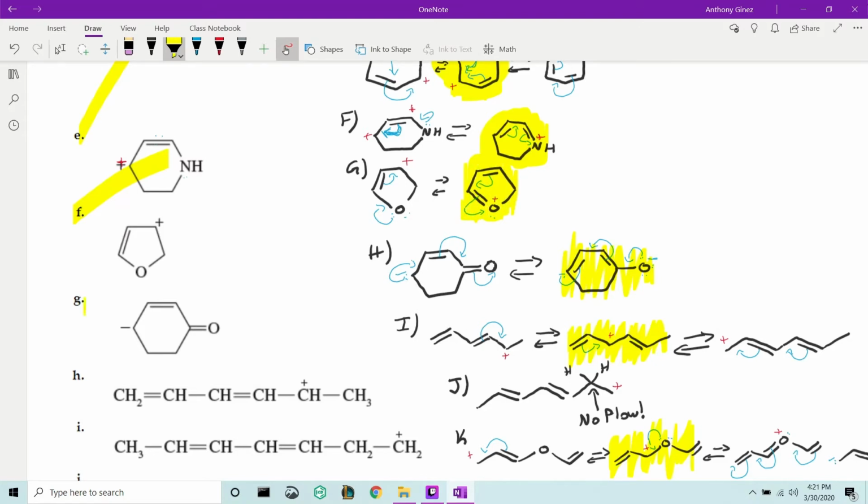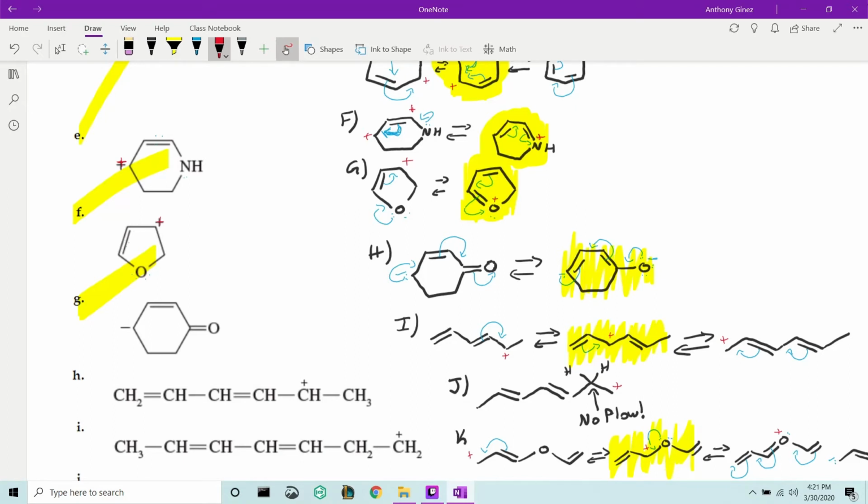So moving on to question G. I see an electron-rich species in this oxygen. I see an electron-rich double bond here, and I see another electron sink in the form of this partial positive charge. So what do we see?